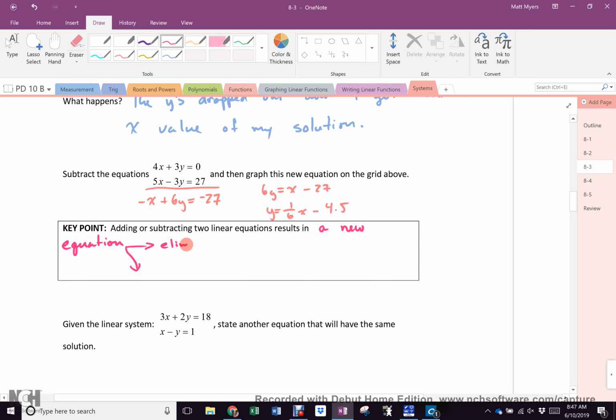Yeah, we can either eliminate a variable or we can create another line that still gives us the solution.